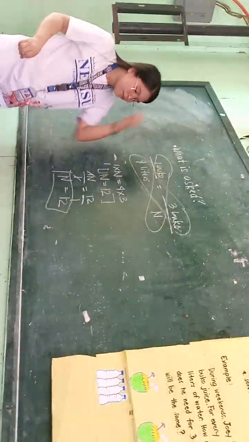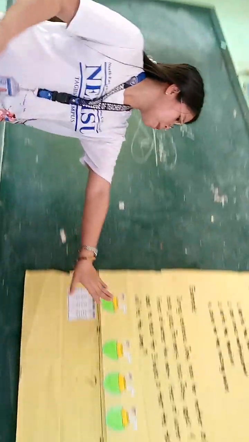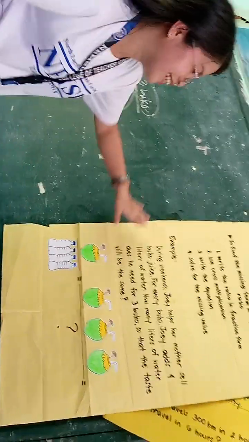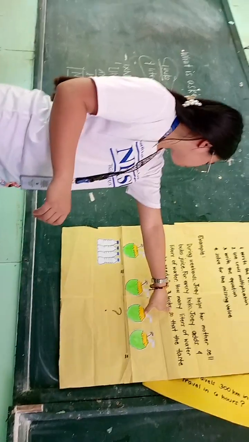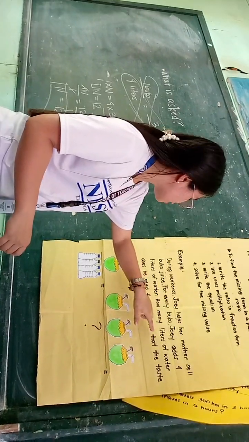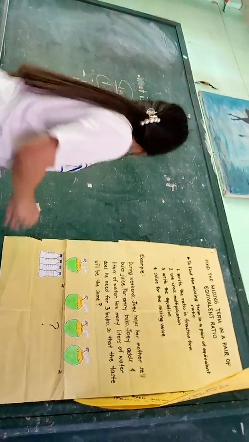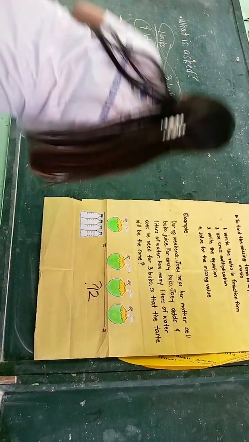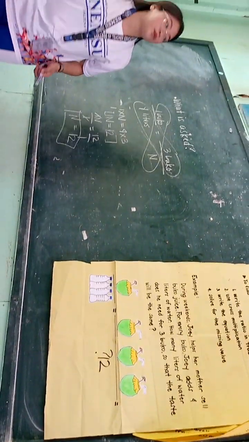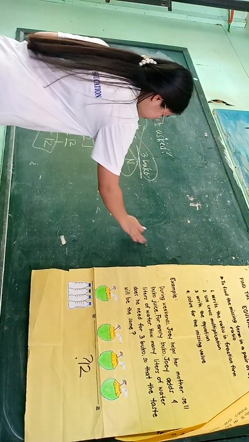So this means that in 3 bukos there are 12 letters. This is the equivalent ratio, so we are going to simplify.